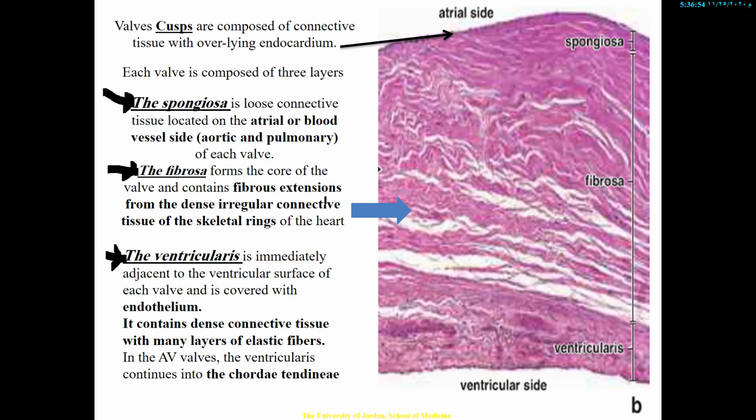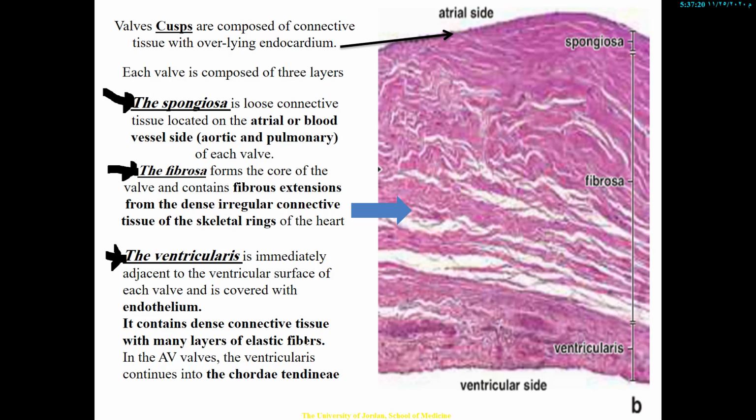It is dense irregular connective tissue attached to the skeletal rings of the heart. And finally, the ventricularis, which is immediately adjacent to the ventricular surface of each valve and is covered with endothelium. It also contains elastic fibers.